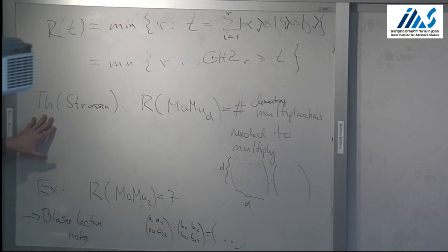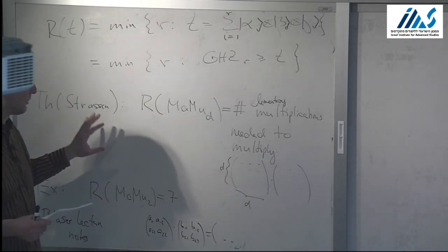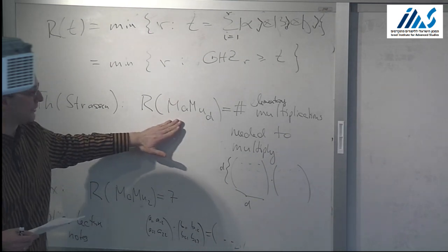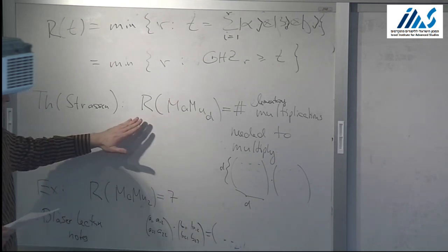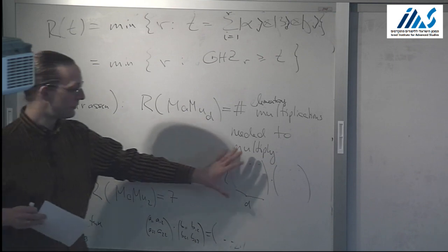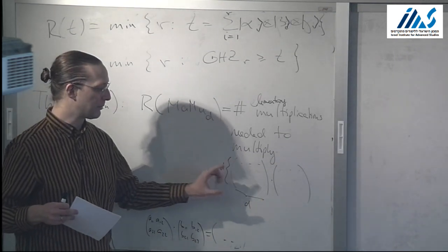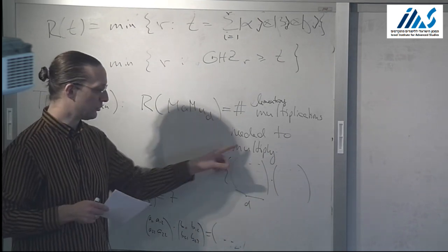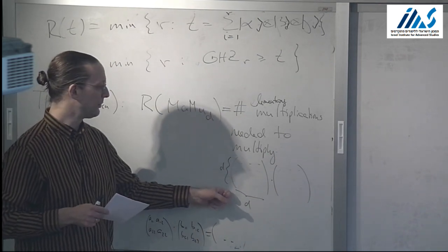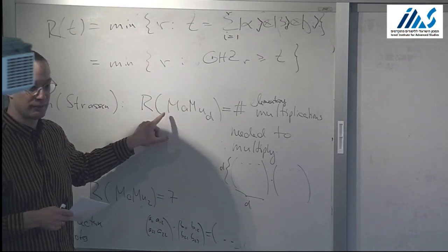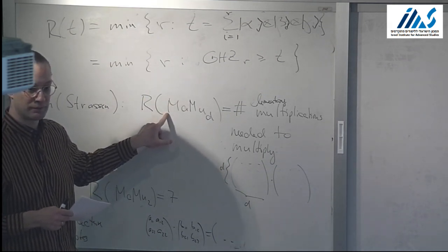So there is this theorem by Strassen that I alluded to last time: if you take this matrix multiplication tensor that I defined last time, then Strassen showed that, in a certain model of computation, if you want to multiply two matrices, then the number of elementary multiplications of two variables that you need to do is equal to the rank of this matrix multiplication tensor.